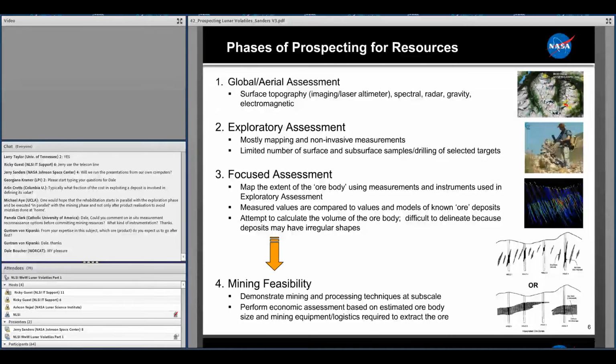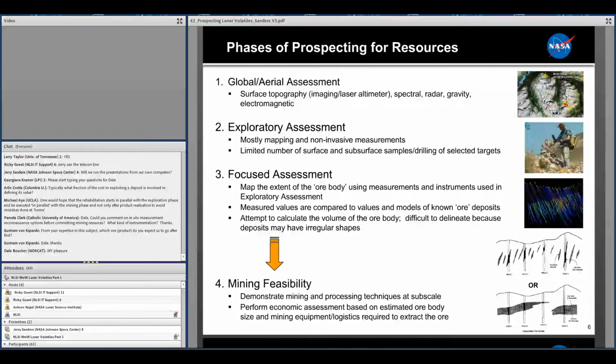You want to map the extent of the ore body or the resource using similar measurements and instruments that you used in the exploratory assessment, but to a much greater extent. And at this point, you're trying to calculate the volume of that ore body. This is a picture of the number of drilling operations of an ore body terrestrially, trying to intersect where all of the resources of interest are.